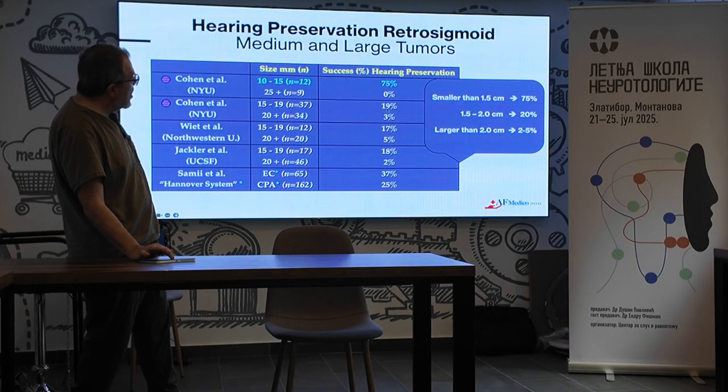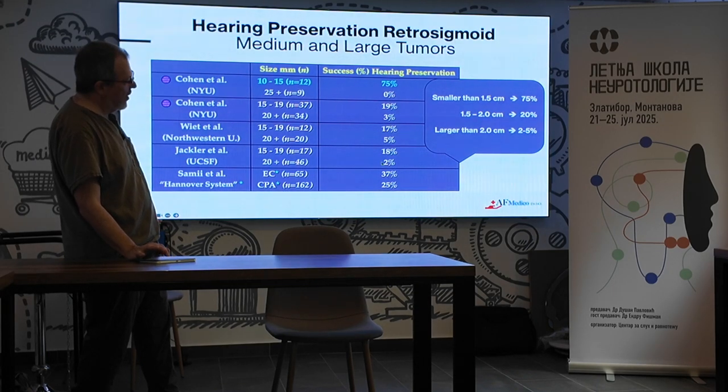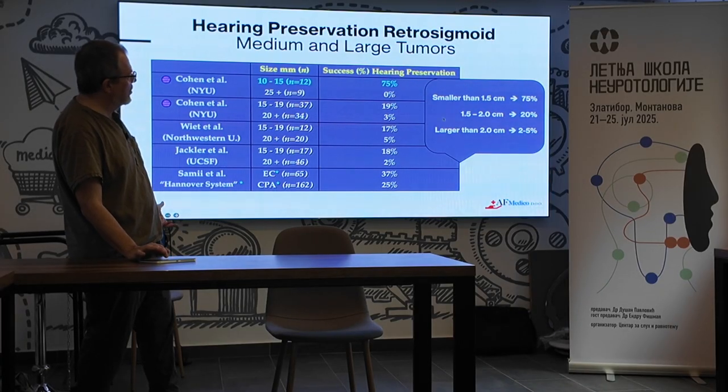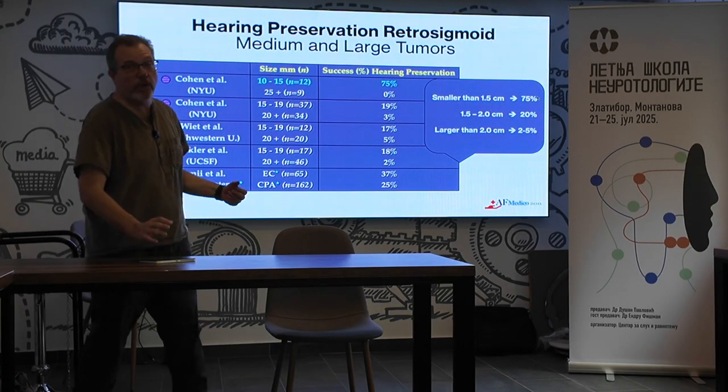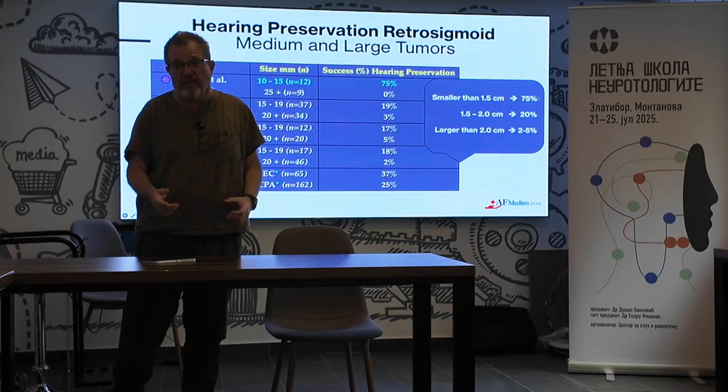So look here. We have relatively low success rates in tumors that are over a certain size. If we have a tumor that's smaller than 1.5 centimeters, yes, we have a good chance of saving the hearing.